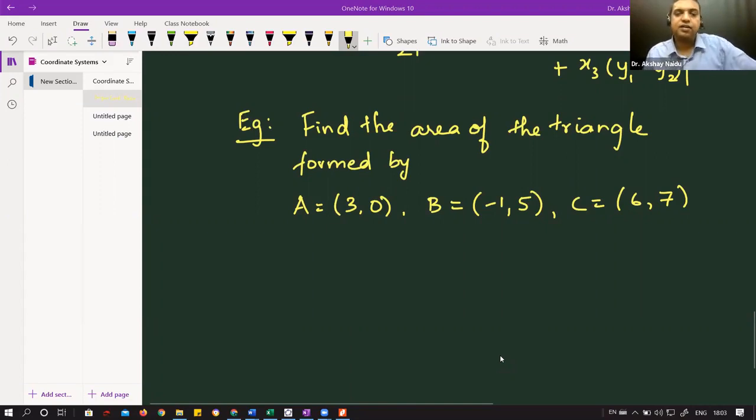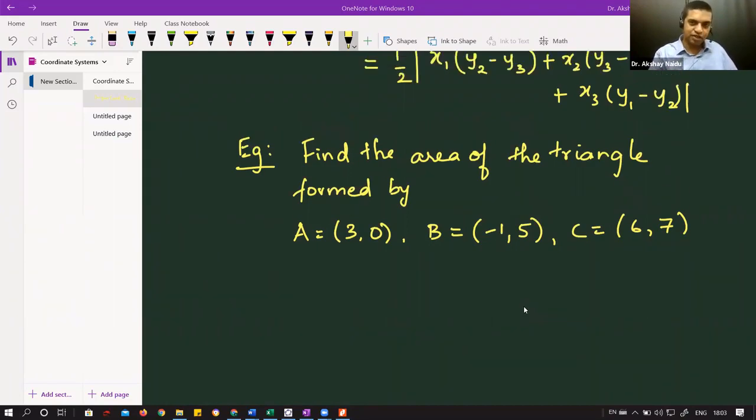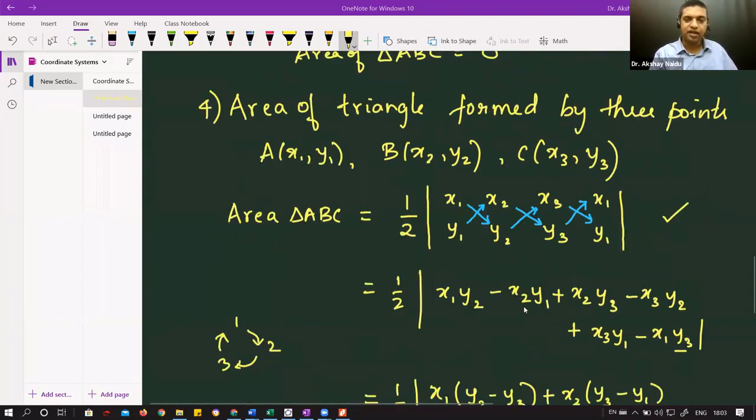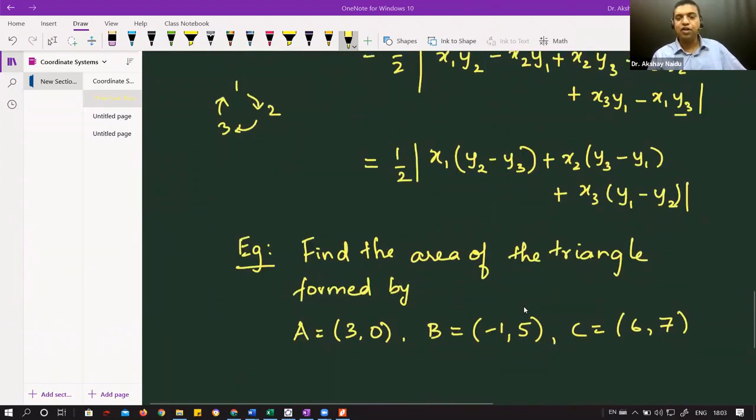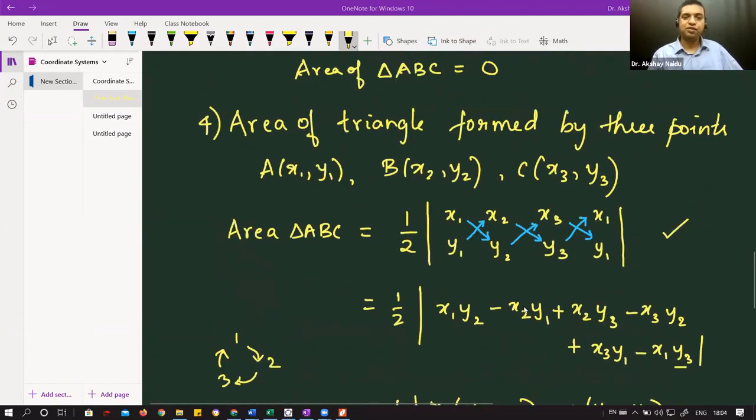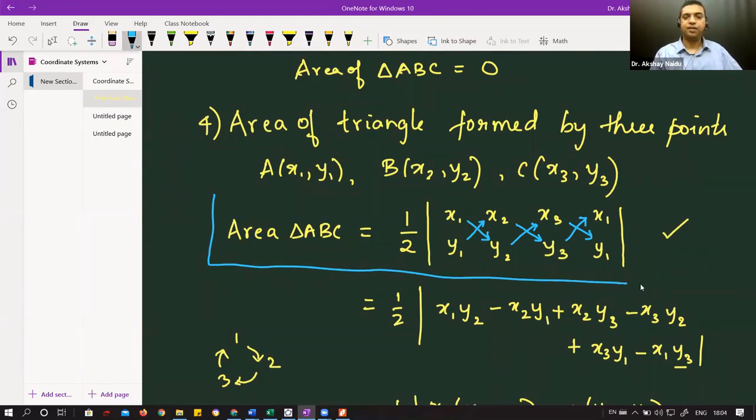All right, A, B, C. So please quickly find out using this result. Do it this way. Again, write down A is (3, 0), B is (-1, 5), C is (6, 7). Use this result to find the area. This is the easiest method to find the area.